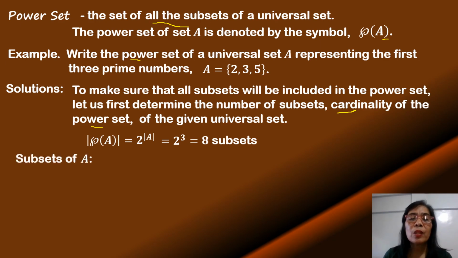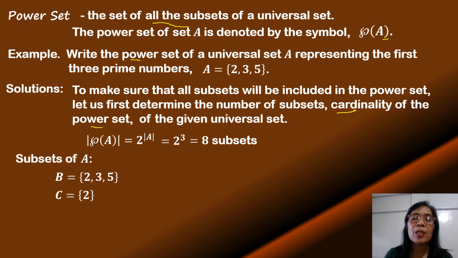Okay, so we start with listing all the possible subsets of set A. We can have a subset B whose elements are 2, 3, and 5. As we say, a set is a subset of itself.